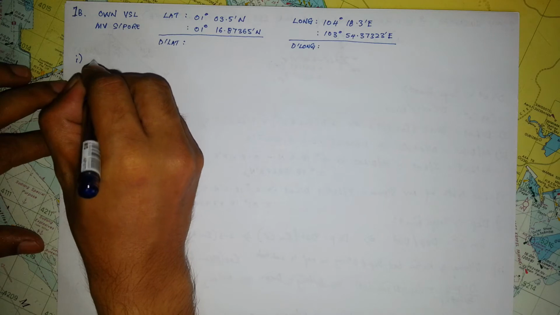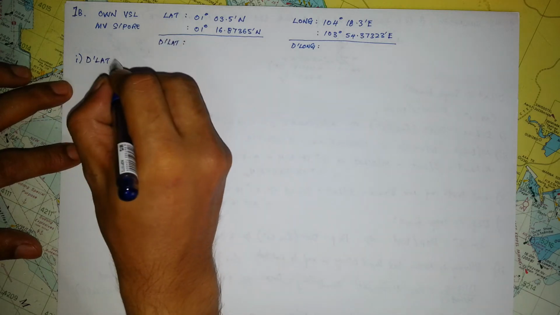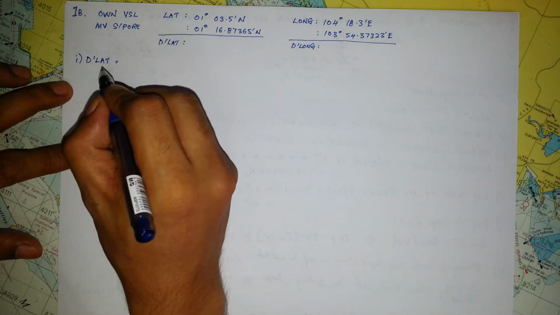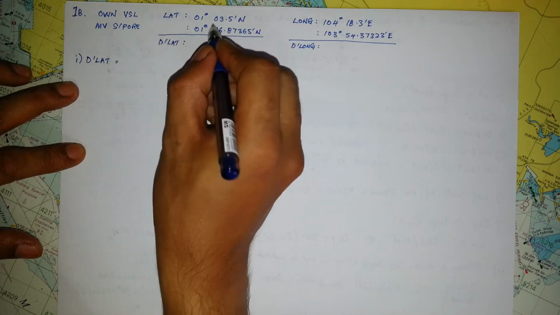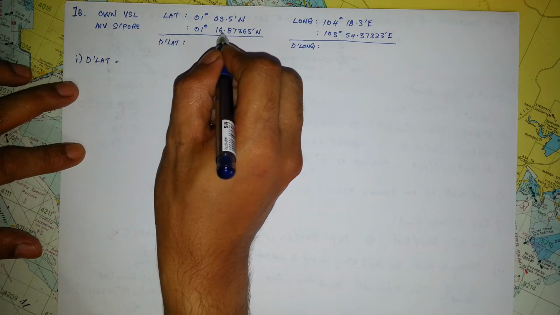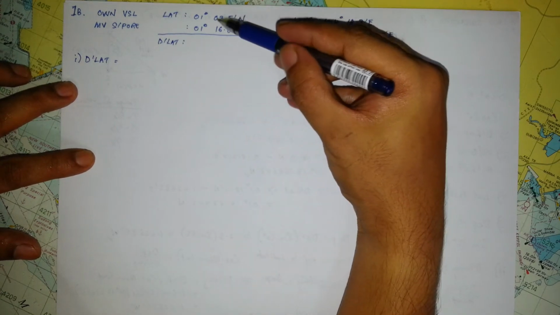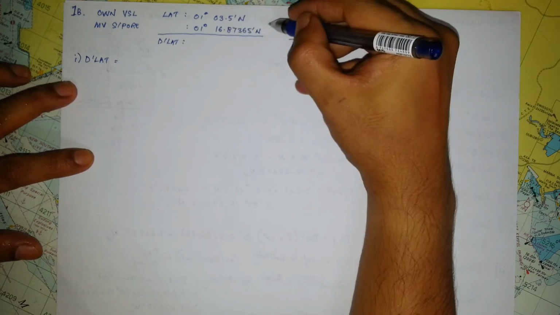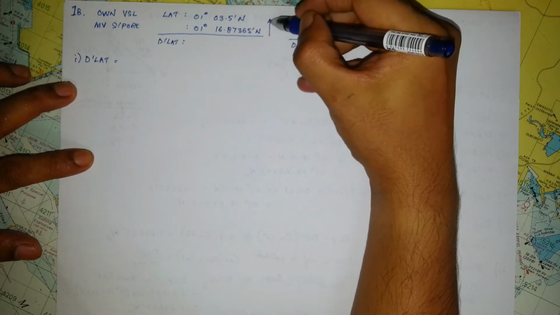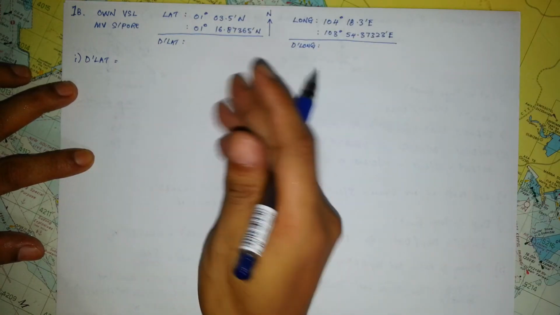So one is finding the D-lat. The D-lat is the final, because you see properly here, from 03, 1 degrees from 03 it goes to 16, so the D-lat actually goes up to a higher latitude, goes north.